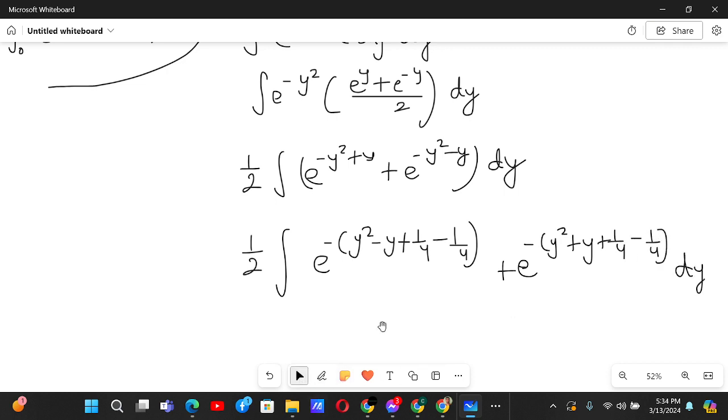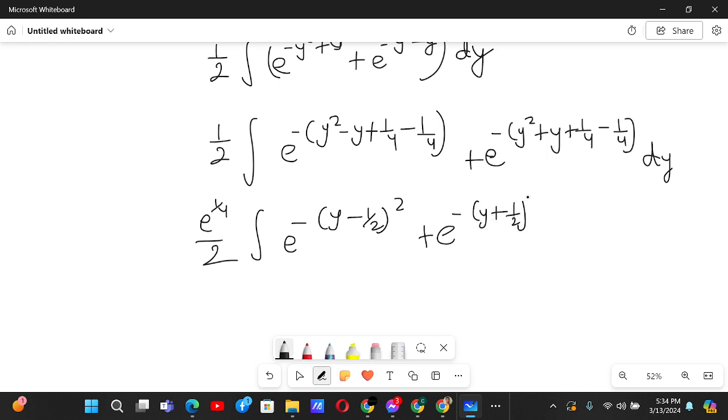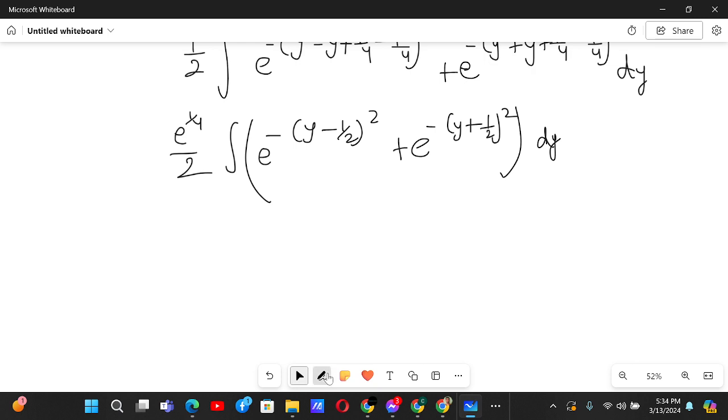Now we will have minus minus only plus, so let's take e to the power 1 by 4 outside by taking it common from both terms, and this is e to the power minus of y minus 1 by 2 whole squared plus e to the power minus of y plus 1 by 2 whole squared dy. Now we know that this integral is just the erf function.